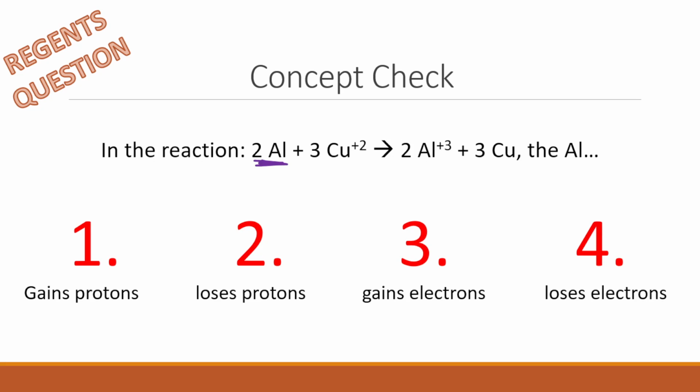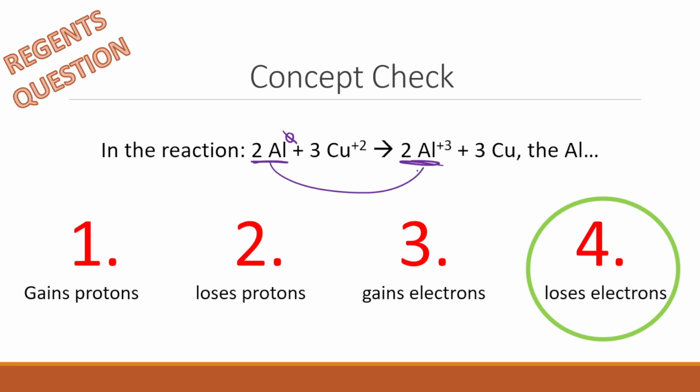In this reaction, the aluminum loses electrons. Let's look at it from left to right. It starts off as Al0 and becomes Al +3. The oxidation state went up. It went from 0 to a positive number. That means it lost electrons. That means it was oxidized.